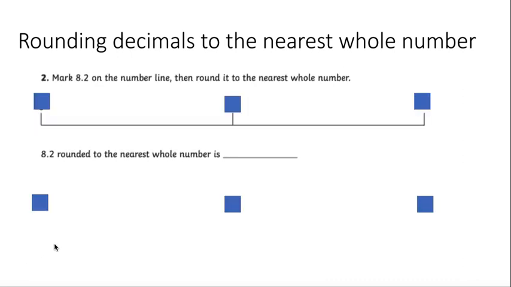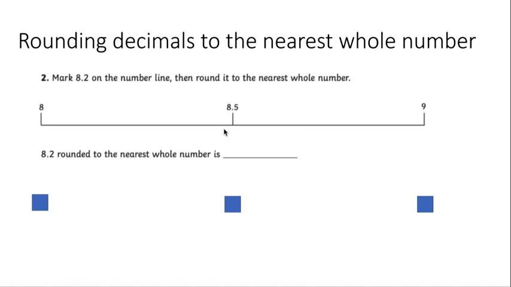Okay, so a couple more examples, and I've hidden the numbers so we can work those out together. So mark 8.2 on the number line, then round it to the nearest whole number. The first thing we need to figure out is which whole numbers 8.2 is between. Between 8 and the number above 8, which would be 9. And right in the middle would be 8.5.